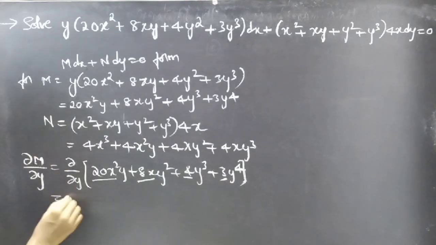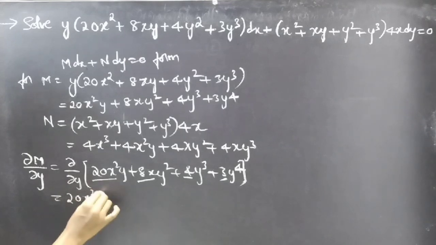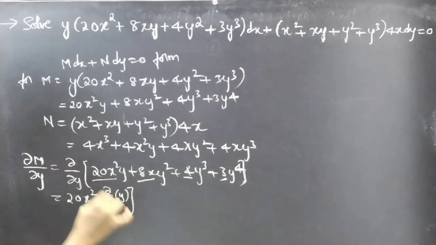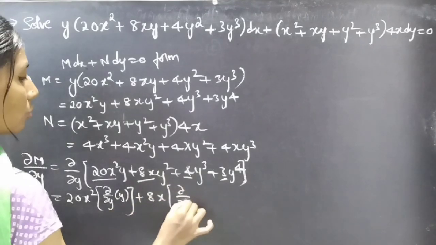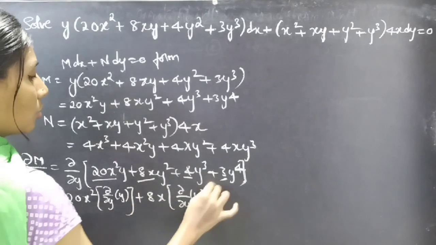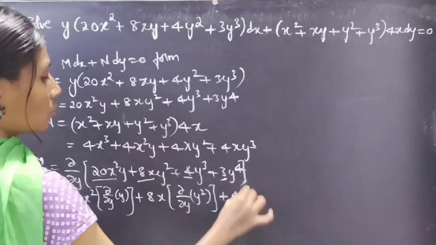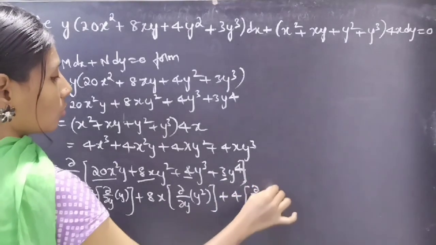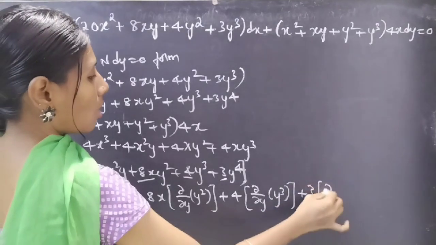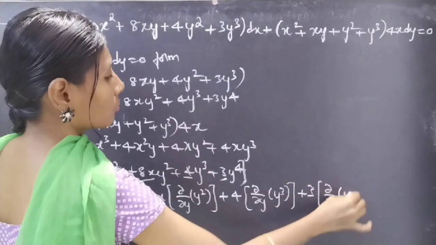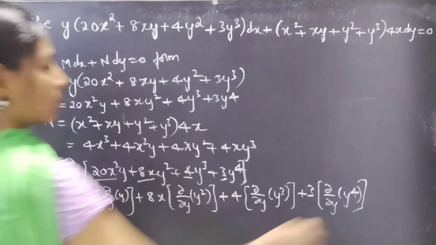Now we'll write this as 20x² into the partial derivative of y with respect to y, plus constant into the partial derivative of y² with respect to y, plus constant into the partial derivative of y³ with respect to y, plus constant into the partial derivative of y⁴ with respect to y, right?